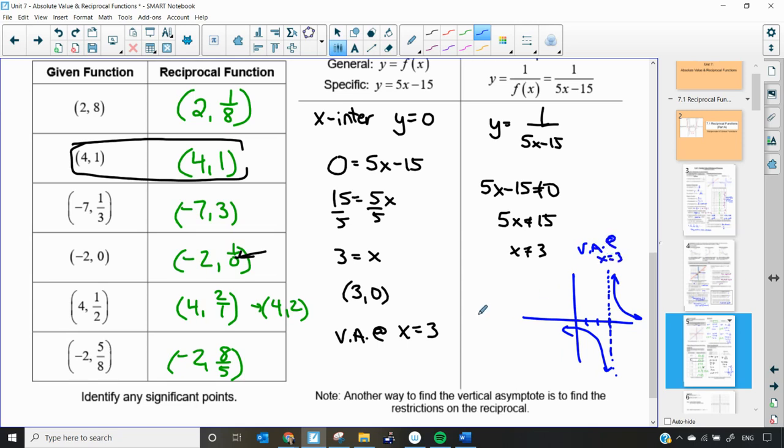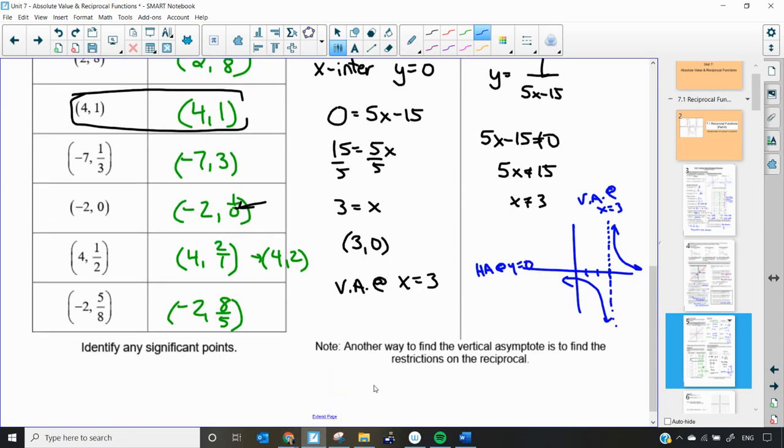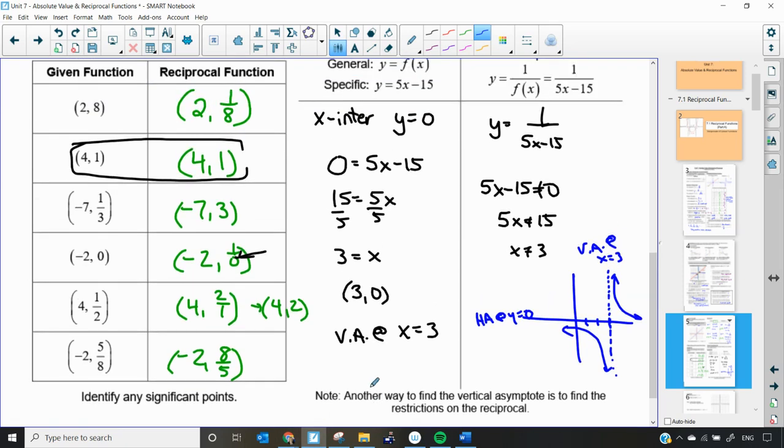And in this case, we would also have a horizontal asymptote at y equals 0. Now, another way to find your vertical asymptote is to find the restrictions on the reciprocal, which is what I just did there. So finding your NPVs also works to find your vertical asymptote.